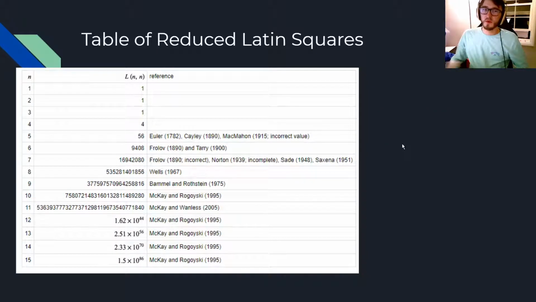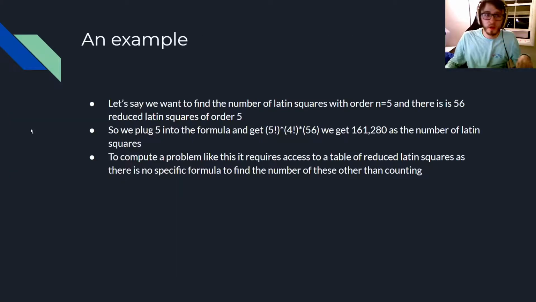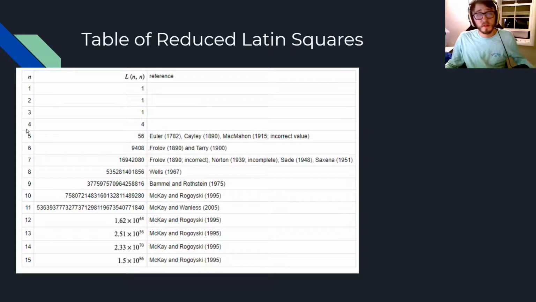So here's the table of reduced Latin squares. We'll just go with a brief example. We used order 5 in the previous examples. For 5, we can see that there are 56 total reduced Latin squares, and in the third column, it's all the different mathematicians that contributed to this.